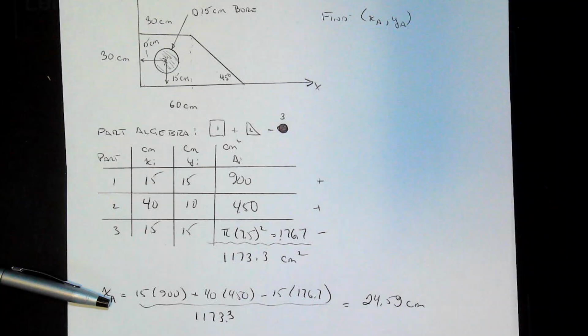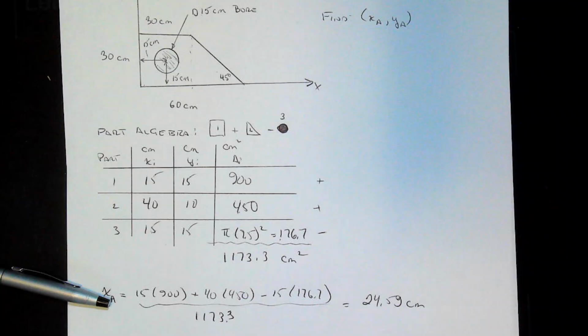So, what's the total area? 900 plus 450, and I often just put a plus sign here and a plus sign here to remind myself I'm adding, and a negative there. So that's 1350 minus 176.7. That leaves 1173.3 centimeters squared on the area.